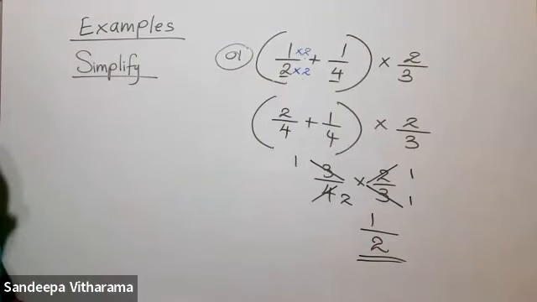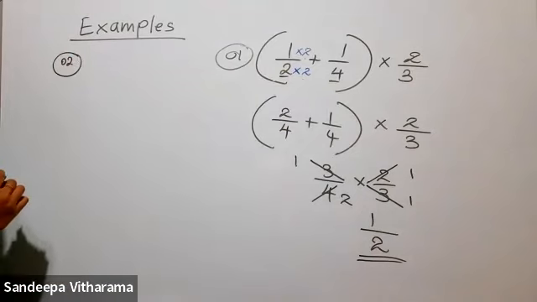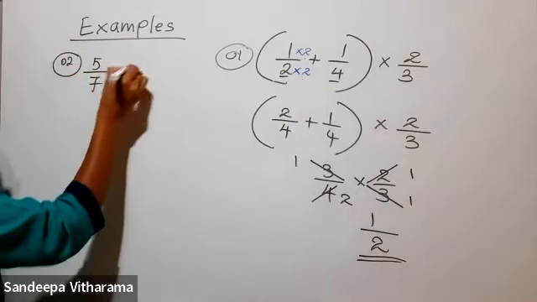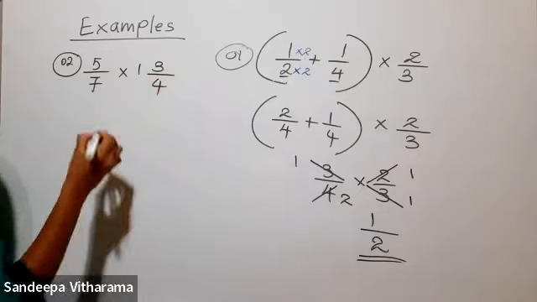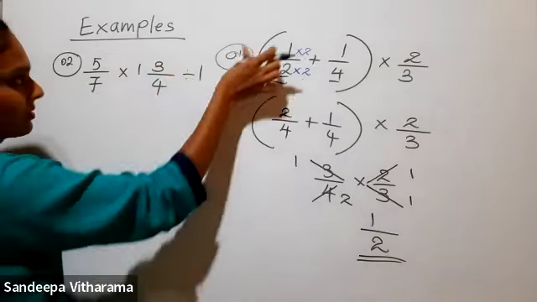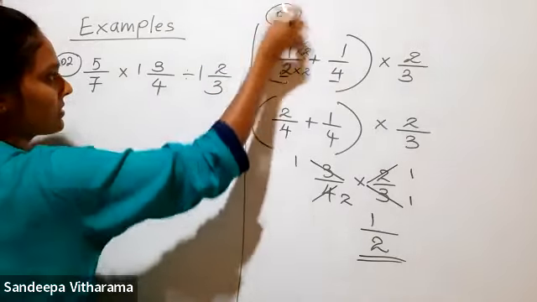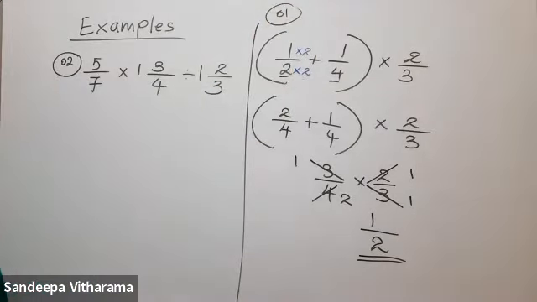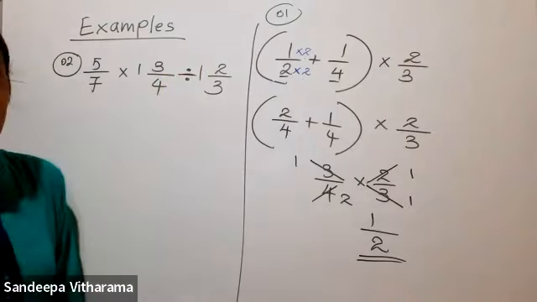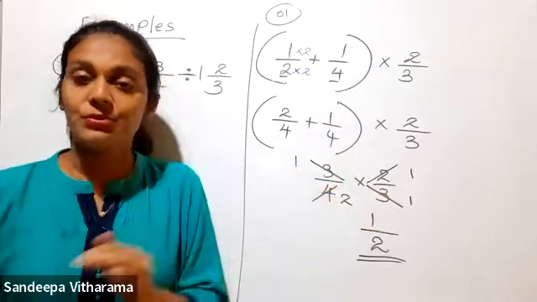Okay, my second question. After writing down this first example, write the second one also. Here it is division, no? In the first question, there were no mixed numbers.